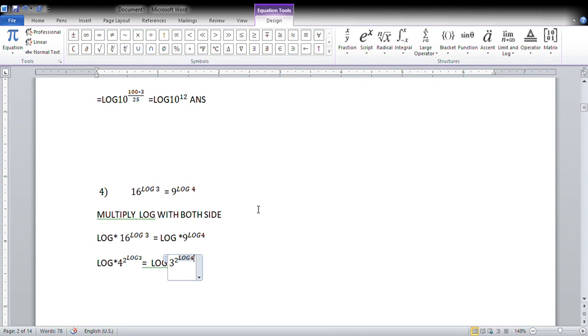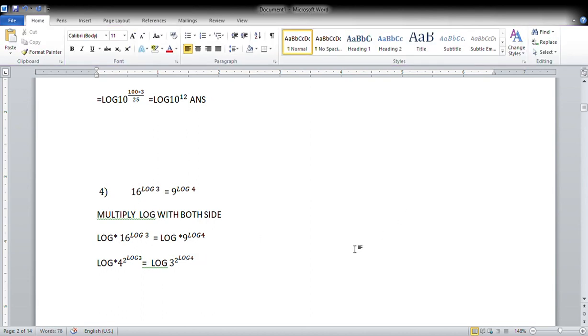So that means you can write it as a simple thing. What is happening here? I don't know what the problem is there. 3 to the power 2 into log 4, right?